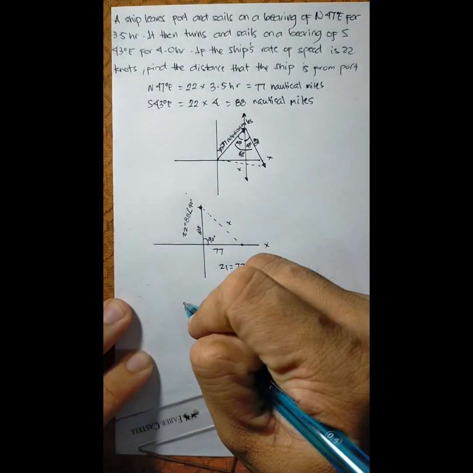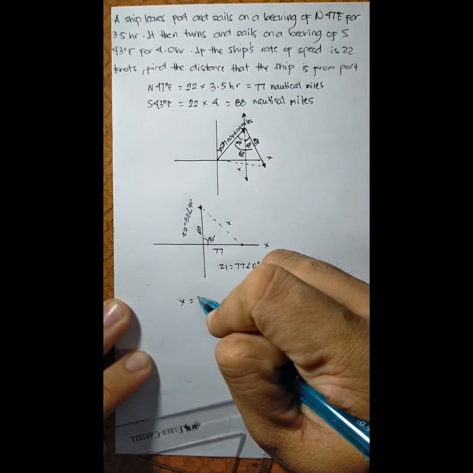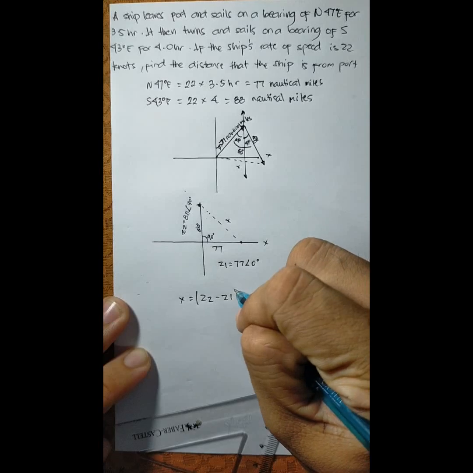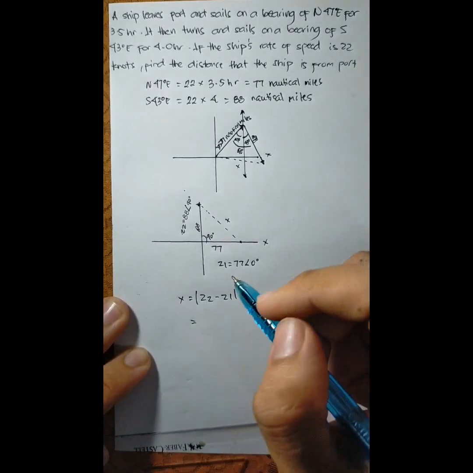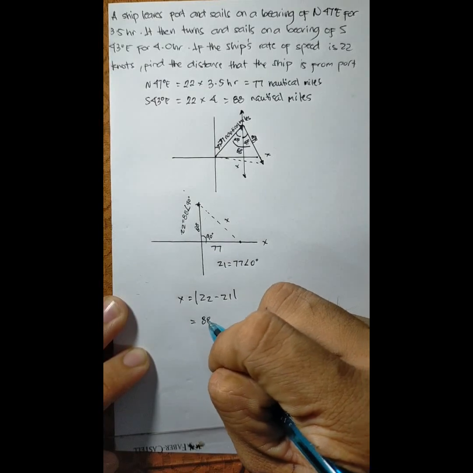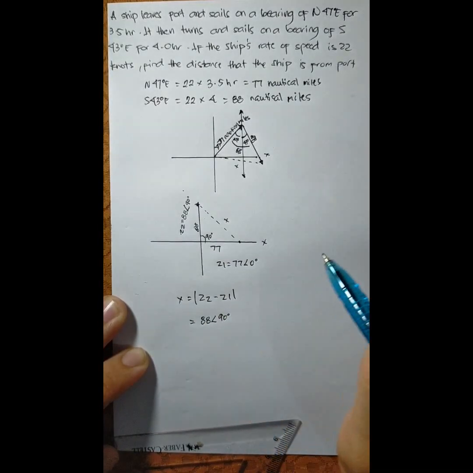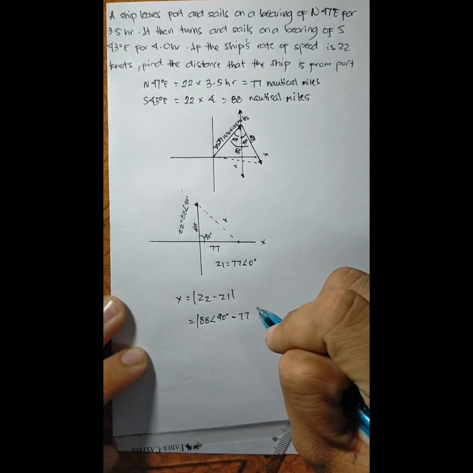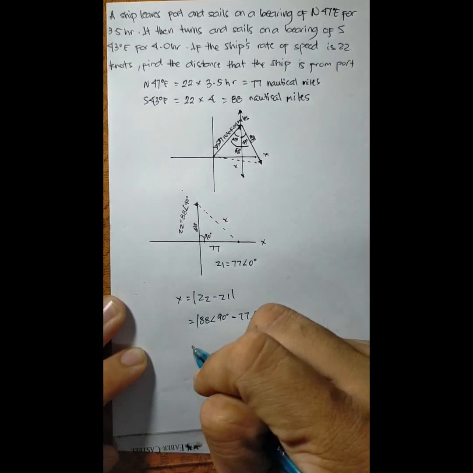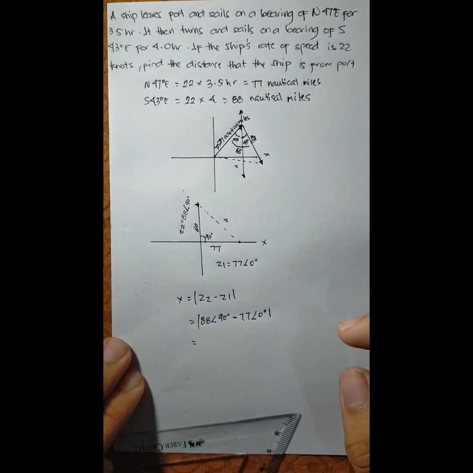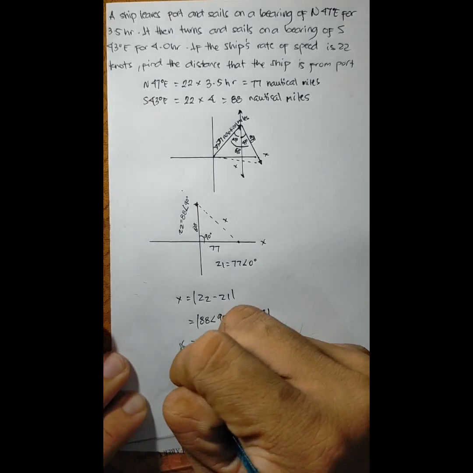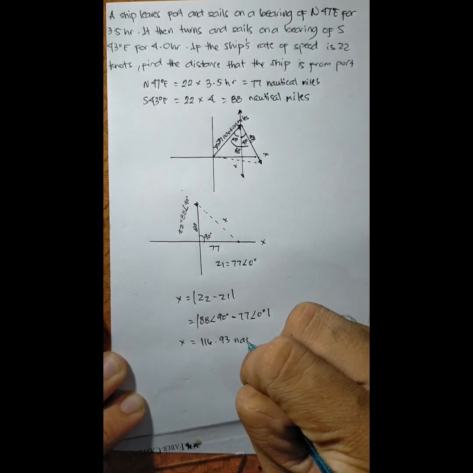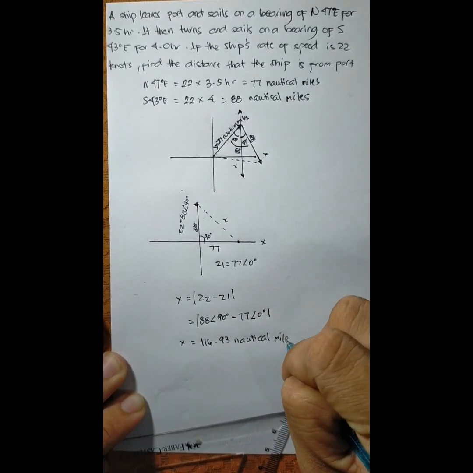So to solve our x, we have a formula x equals the absolute value of Z2 minus Z1. So this can be written as 88 angle of 90 degrees minus 77 angle of 0 degrees. And to solve this using calculator, our answer is x equals 116.93 nautical miles. And this is our answer.